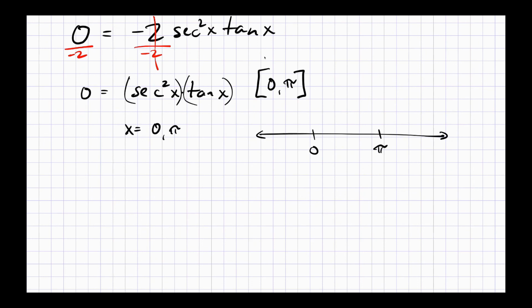Okay, so just for lack of time, that's what you're going to do. And one other thing. So that'll tell you the last things you need to know. Concave up, concave down, right? 0 and pi are going to be where we have inflection points.